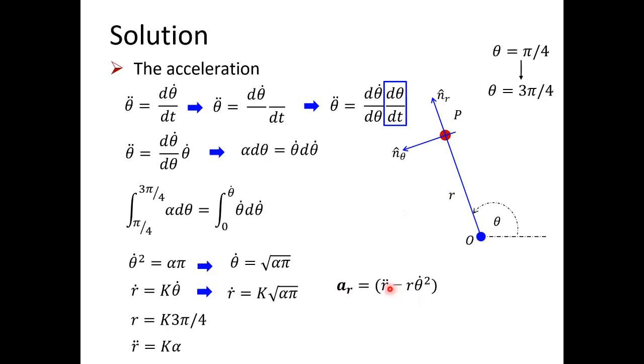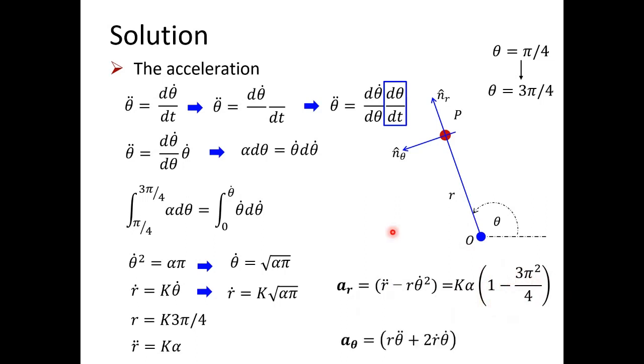You can substitute r double dot from this one, r from here, and theta dot squared from this one. With the substitution of those parameters, you would get A_r equals k alpha into 1 minus 3 pi squared over 4. Just a substitution; you can simplify it and find.